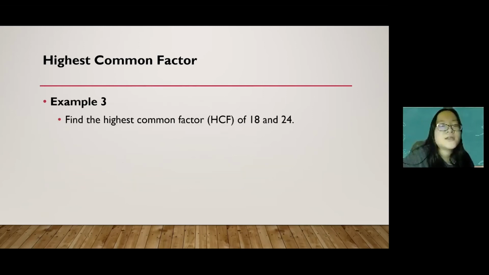So example 3: find the highest common factor, HCF, of 18 and 24. Now, these numbers are pretty small, so you could probably just do this mentally. But there is a method using prime factorization to do this, and I think it is quite useful.